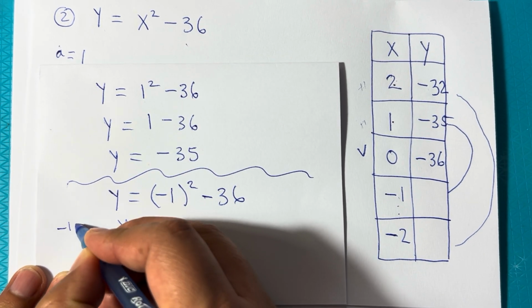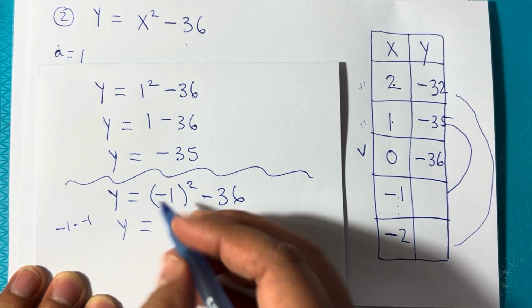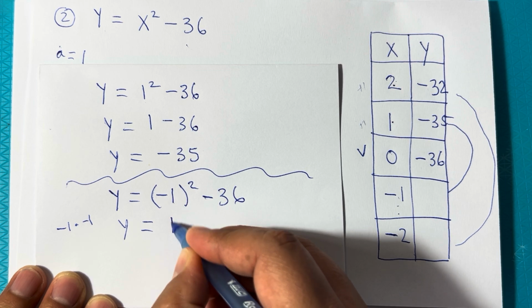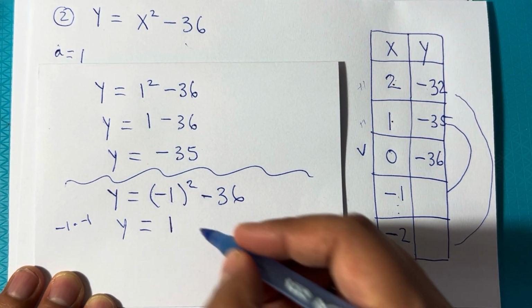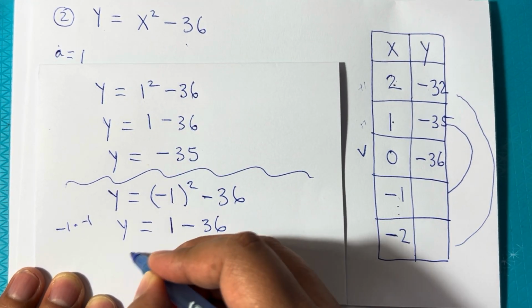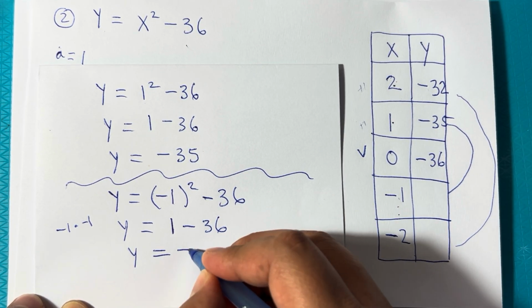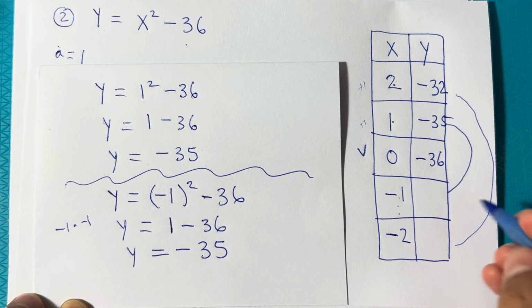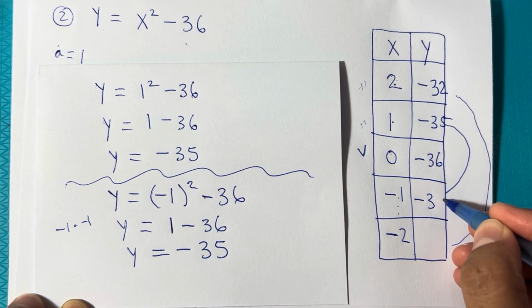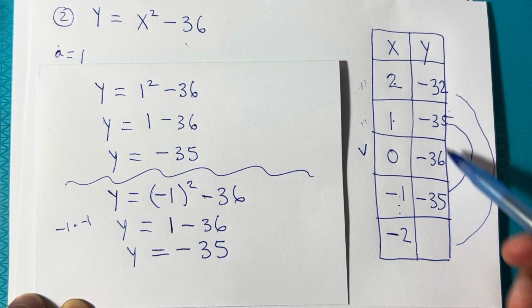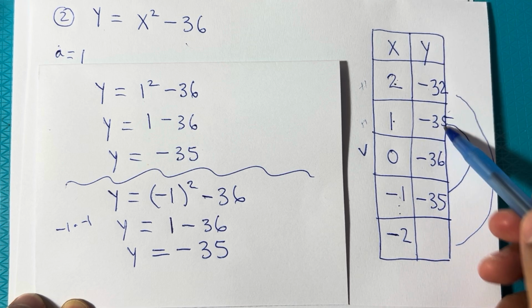And negative times negative becomes positive. 1 times 1 is 1, minus 36. And so 1 minus 36 is negative 35. If you notice, these two did come out the same, okay?